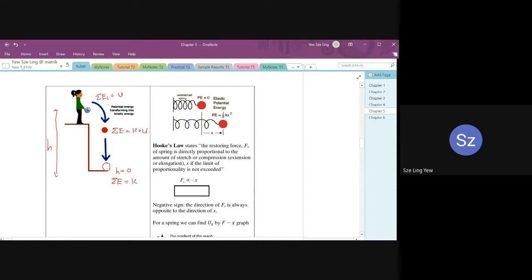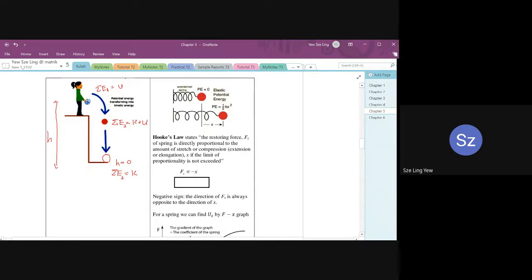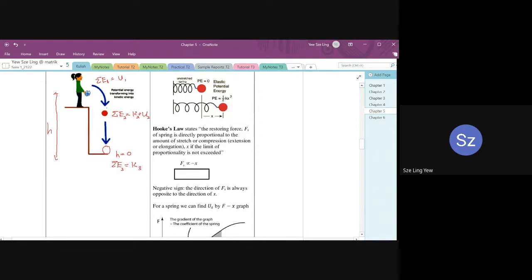So even though at these three positions, summation E has different formulas, the total value is the same. Let me label it: summation E1, summation E2, summation E3. So U at position 1, K plus U at position 2, K at position 3. Even though these three positions have different formulas, because we assume this experiment is conducted in an isolated system, we ignore air resistance.